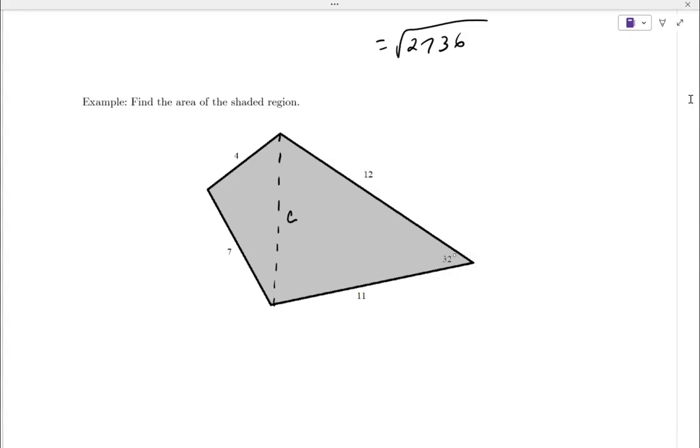Okay, good. So what equation would we get from the law of cosines here? You're right. I agree with you. And so what's the A and the B in this case? You're right, 12 and 11, good.